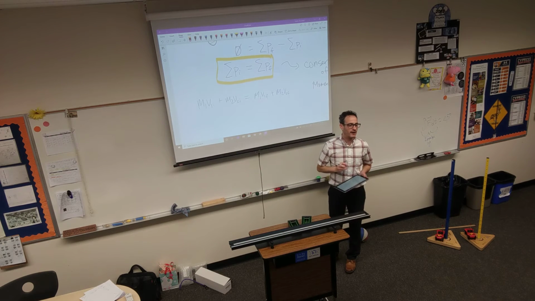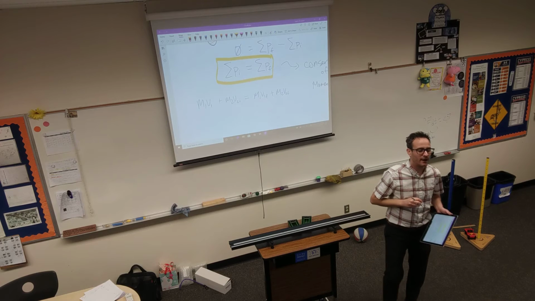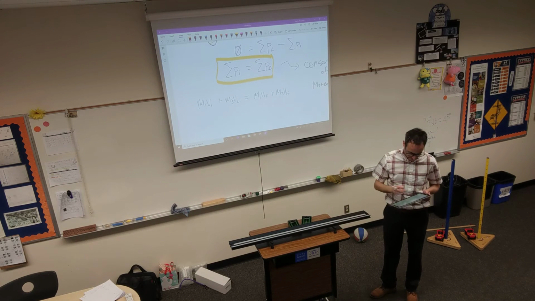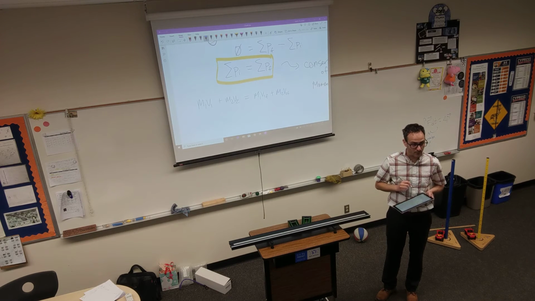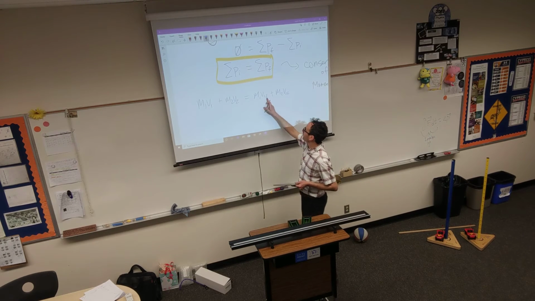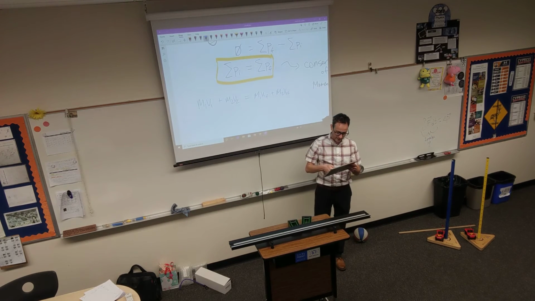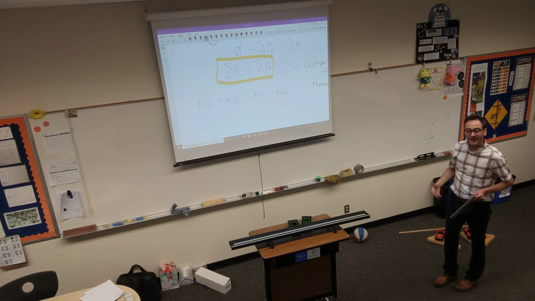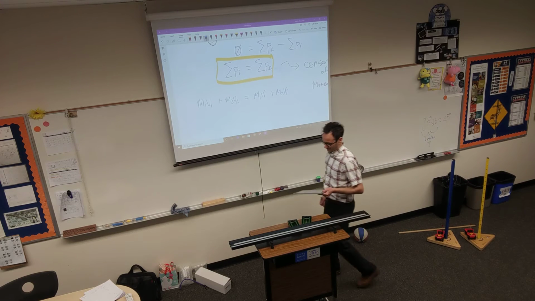Often the convention physicists use is that if there's no subscript, it means initial. So m1 v1, m2 v2 are the initial momenta. Then instead of writing final, to get rid of those subscripts, we use a prime notation. Why? Because we want to confuse you. That tends to be the notation that's used.